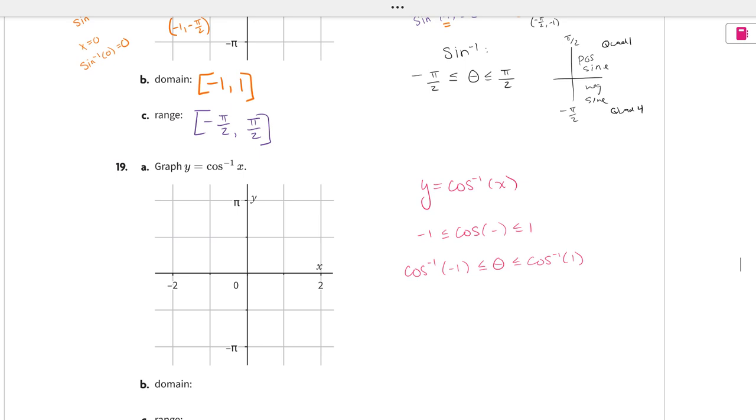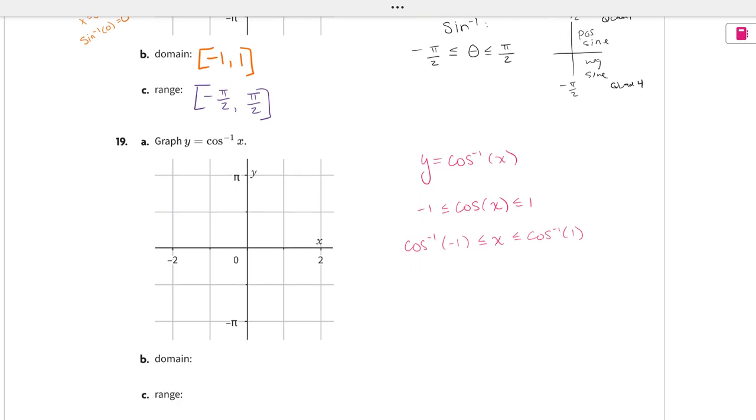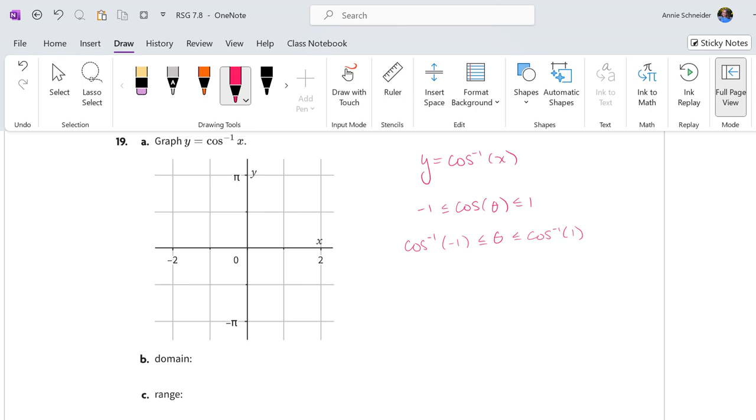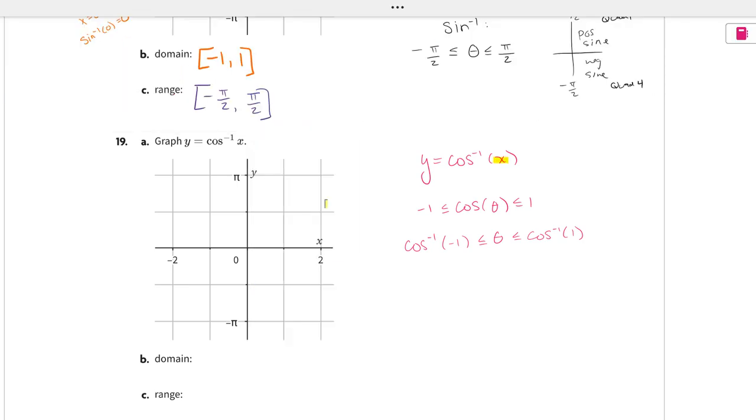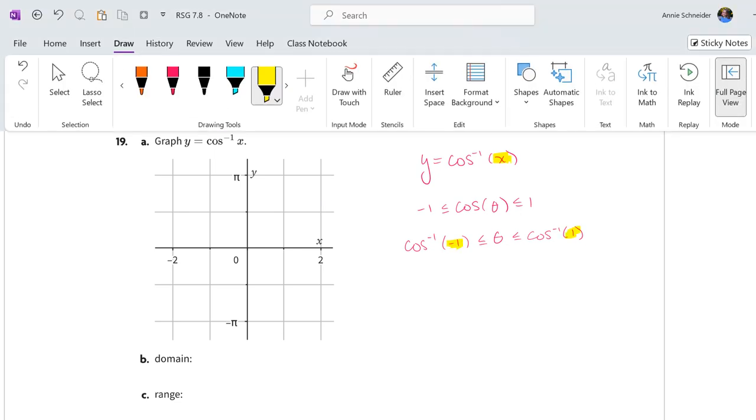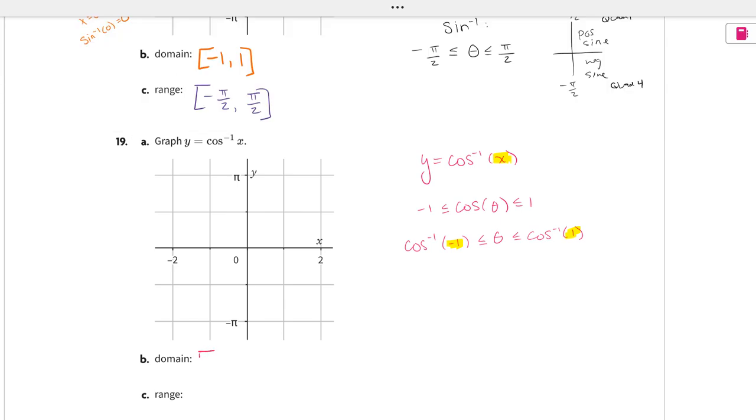So our domain, I'll keep it theta so that we can see where we're putting x right here. So our x value is between -1 and 1, just like before. So that creates our domain, -1 to 1.